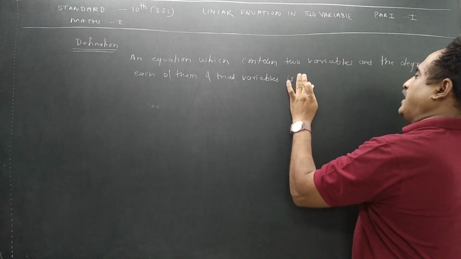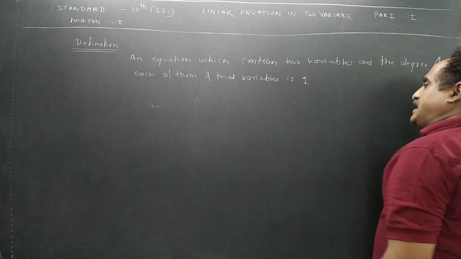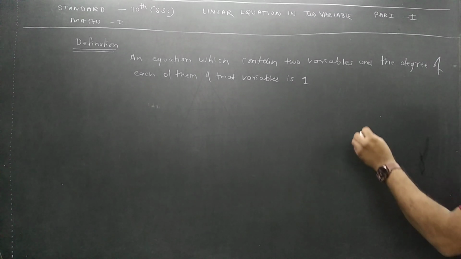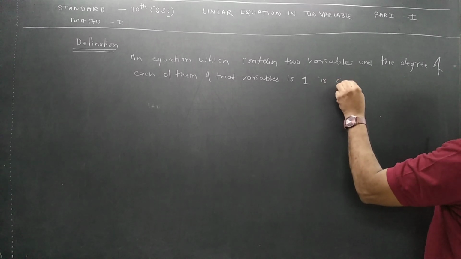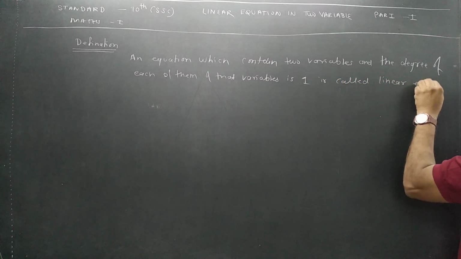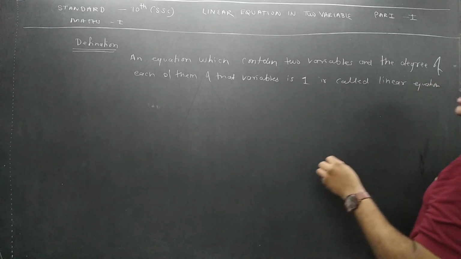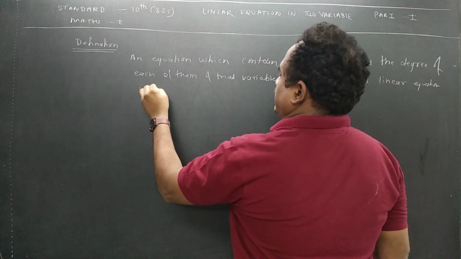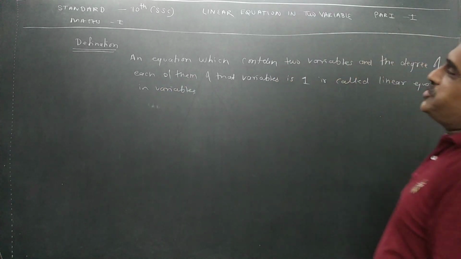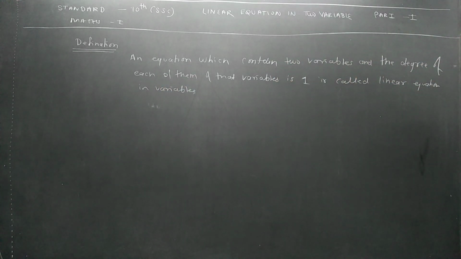There are two variables, but the degree of each variable should be 1. That is called a linear equation in two variables. An equation which contains what? Two variables, and the degree of each of the variables is what? 1, is called as what? Linear equation in two variables.